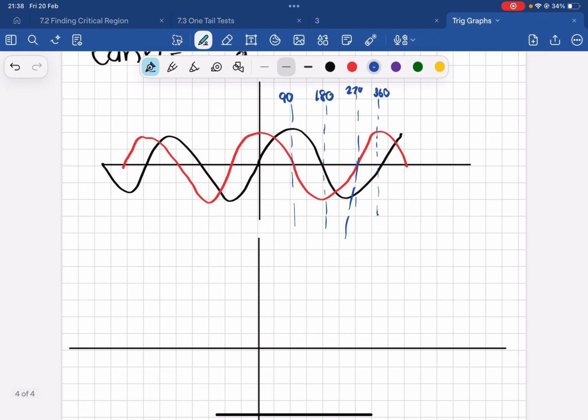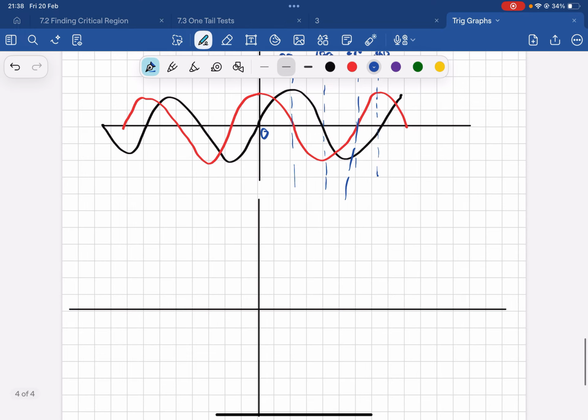So before we start that, let's go and check 0. So sine 0 is 0, cos 0 is 1, so 0 divided by 1 is simply just 0. So with the tan graph, we're starting at the origin.